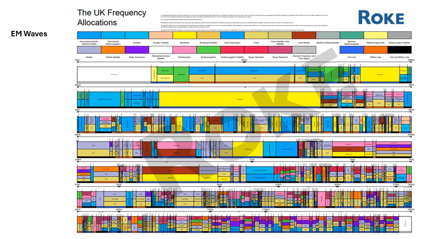Now look at this, electromagnetic waves. What on earth is this chart? This is the UK frequency allocations. Basically, if I set up a radio station in my backyard and decided to send out radio waves to all of Middlesbrough where I live, I might get in trouble with the police, because all the different frequencies of electromagnetic waves are assigned to different things.